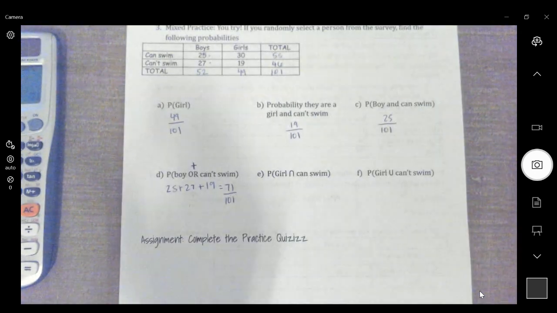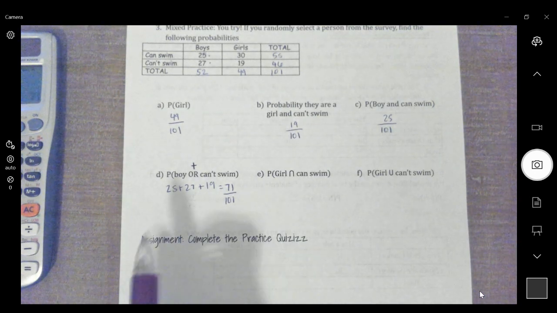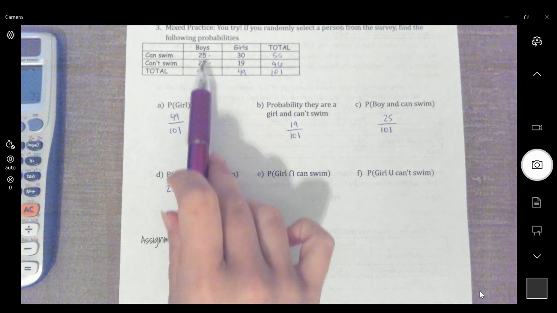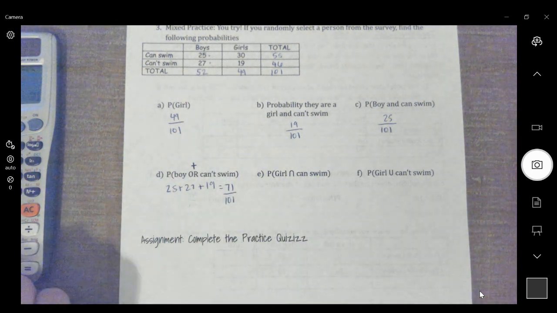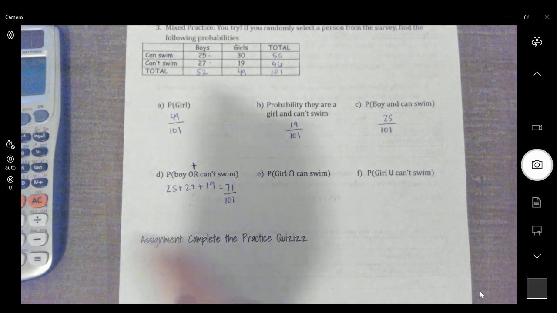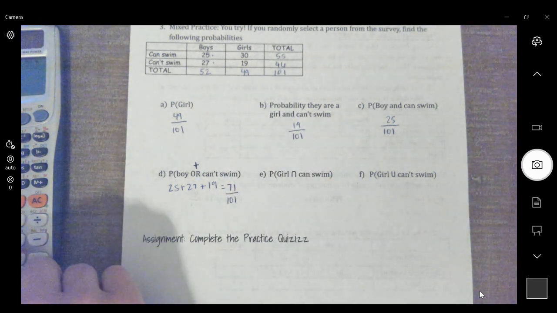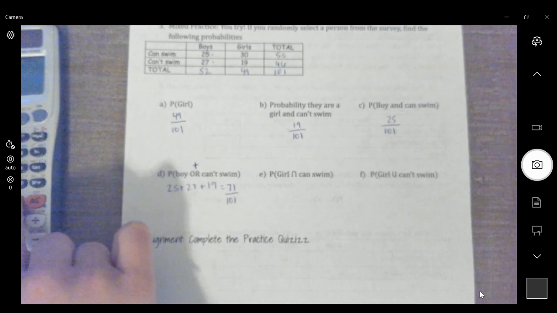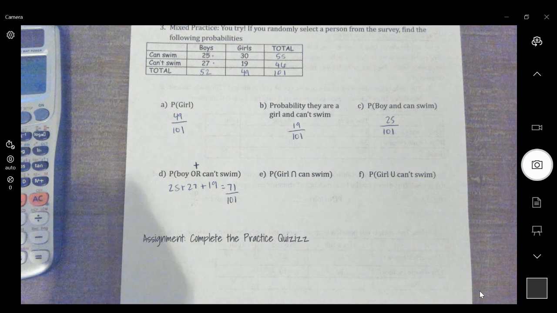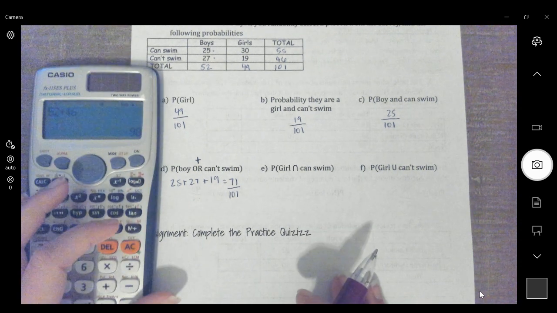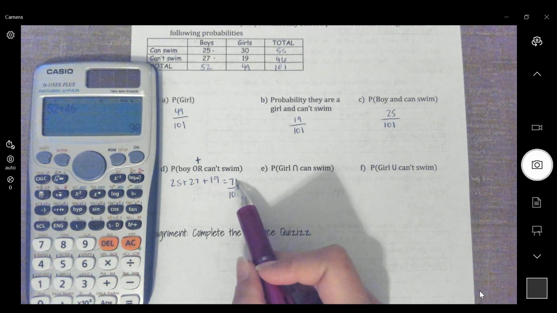I want to pause for a second and look at what if we had just used our totals, because this is a common mistake. You may notice there's 52 boys plus anyone that can't swim, that's 46. But if I add those together, I get 98, which is not what I got here.